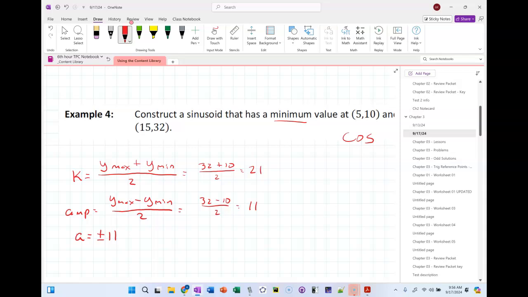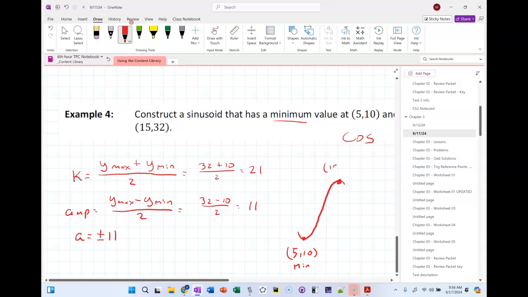Okay. What I'm going to do next is try to figure out the period. To justify what I'm about to do, I'm going to sketch a little picture of what I know so far. Is everybody okay with this? So we have our minimum down here at 5, 10, we have our maximum up here at 15, comma 32.